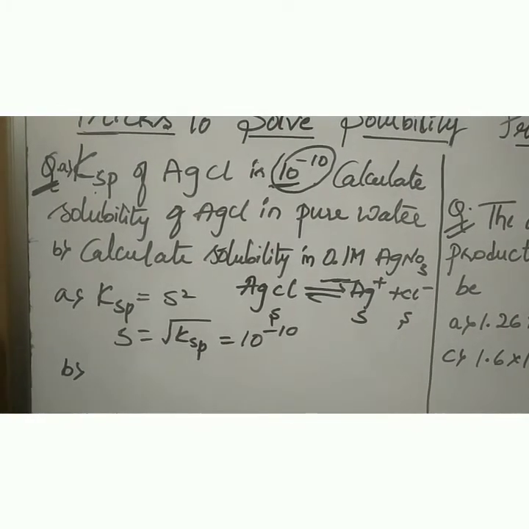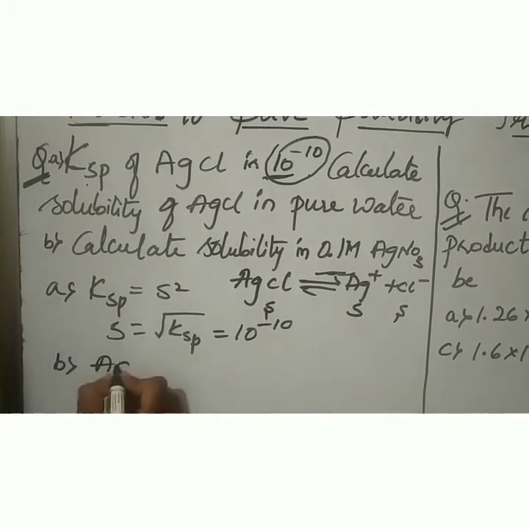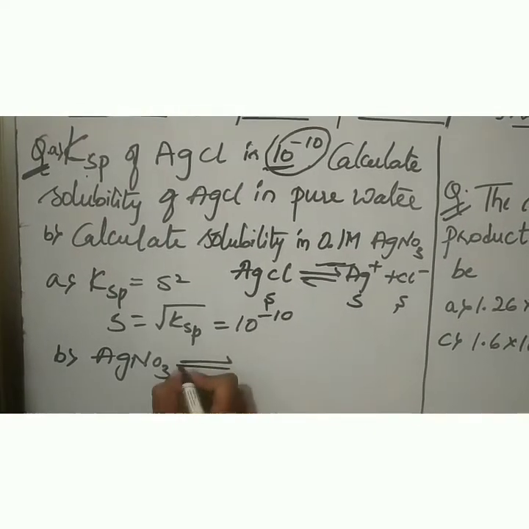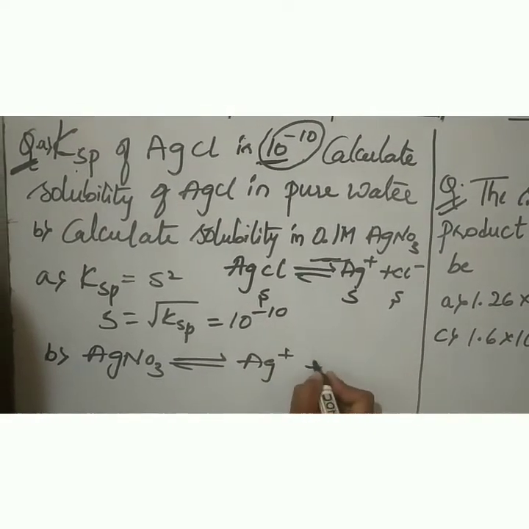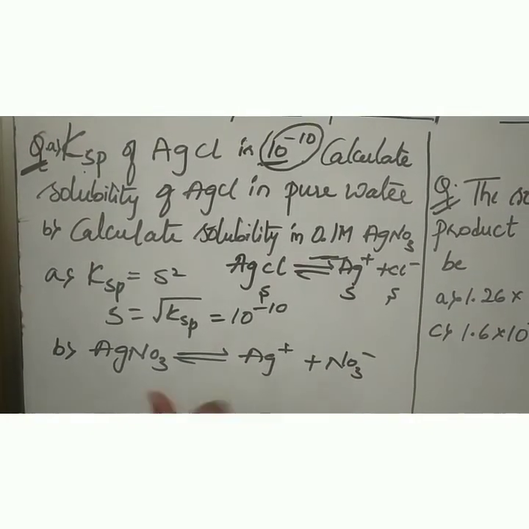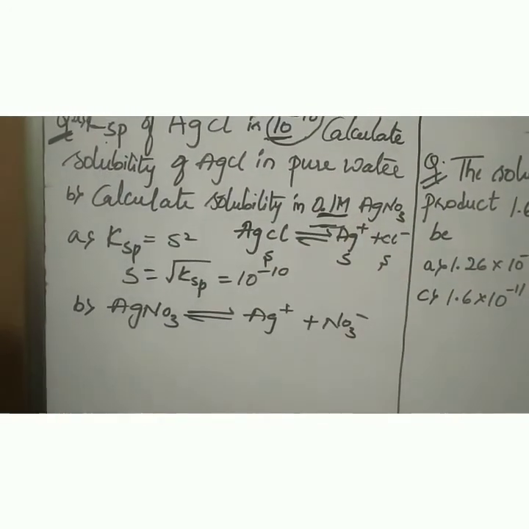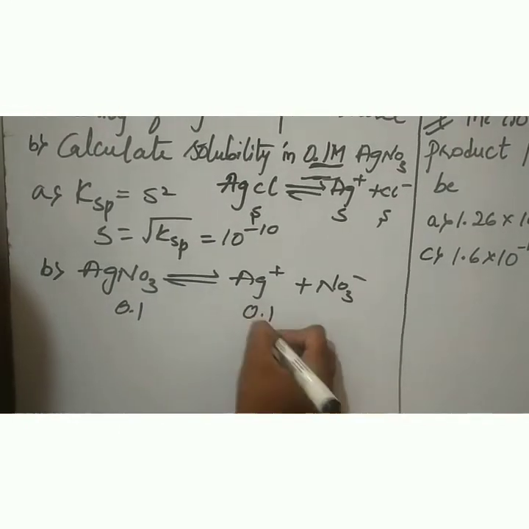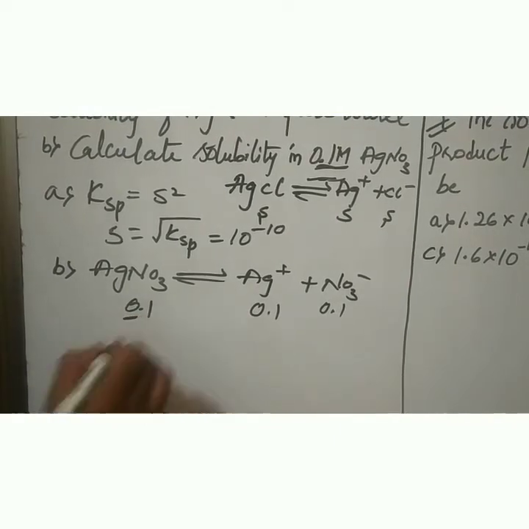AgNO3 gives Ag+ and NO3-. The concentration given is 0.1 molar, so 0.1 here and 0.1 here, at initial.